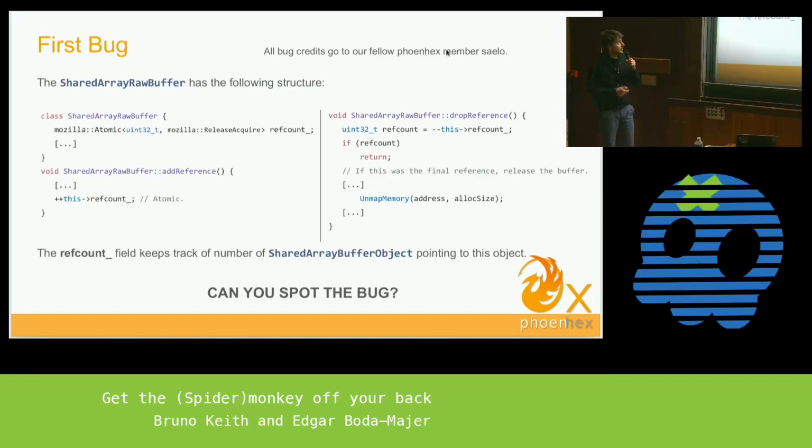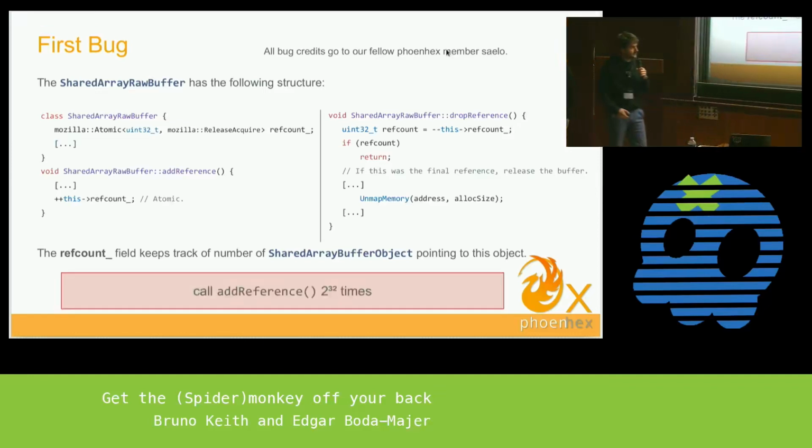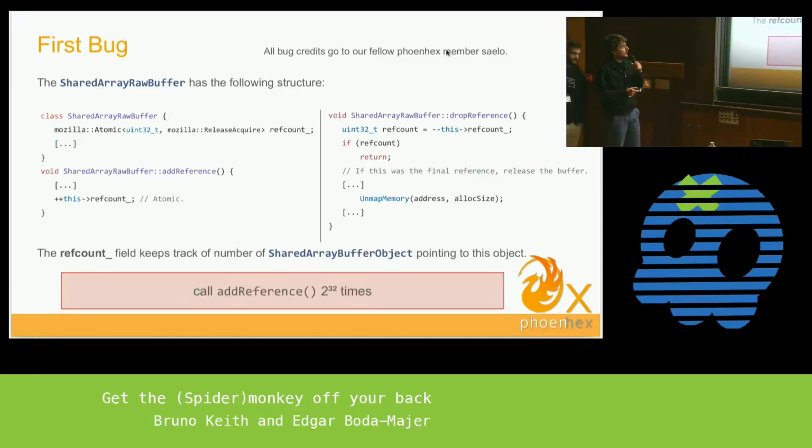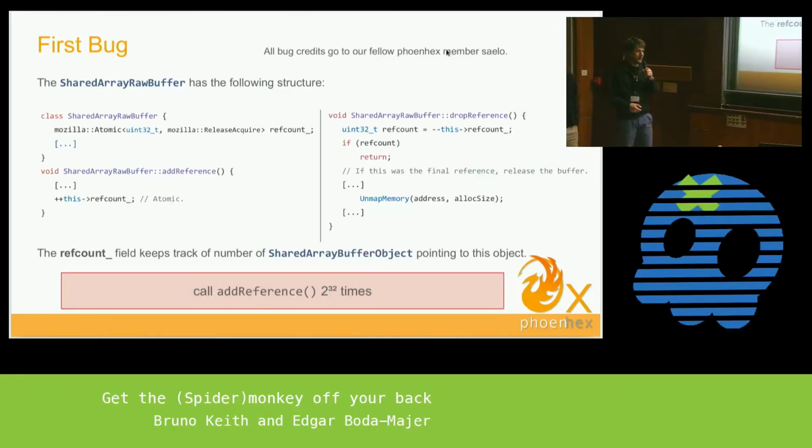Well, what you should think about is that this increment here happens without any kind of checks. So what would happen if you increment it, let's say, 2 to the power 32 times? The ref count variable will overflow because it's an int 32. In the beginning, ref count is 1.